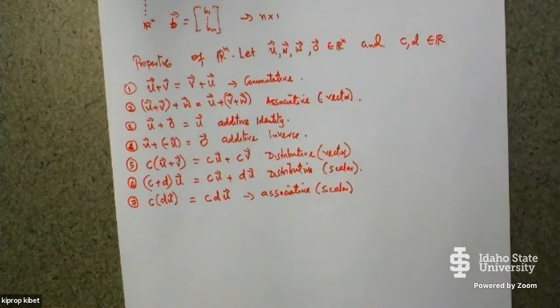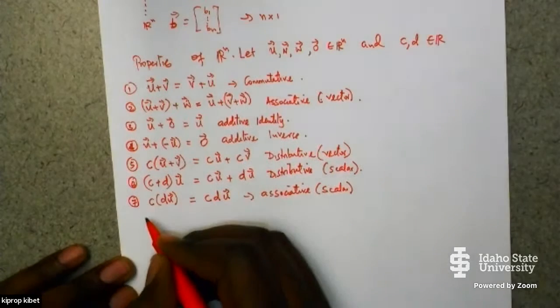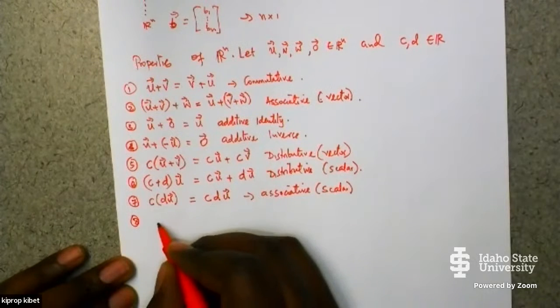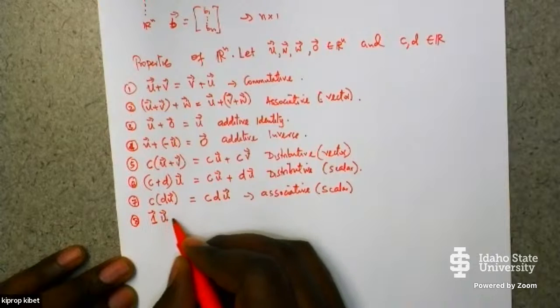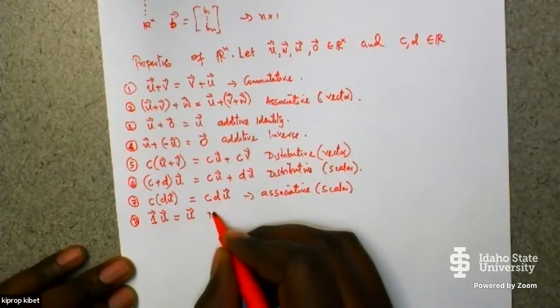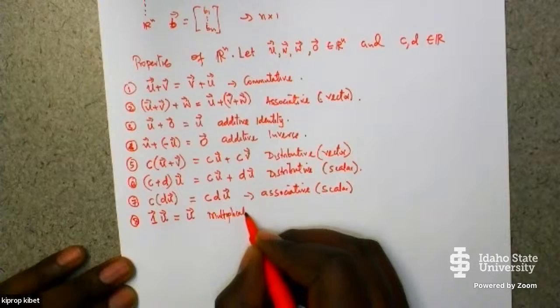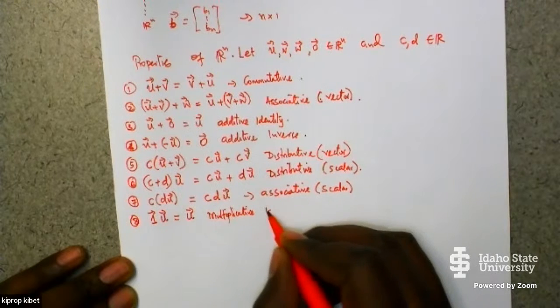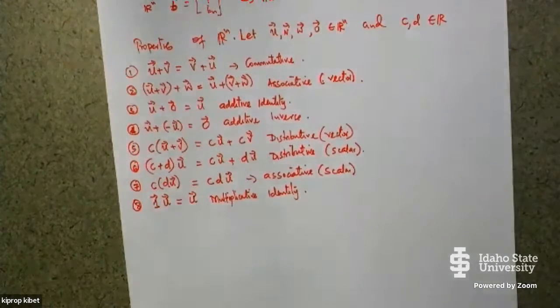And then lastly, number 8: if we multiply 1 by u, then it is similar to u. And this is the multiplicative identity.